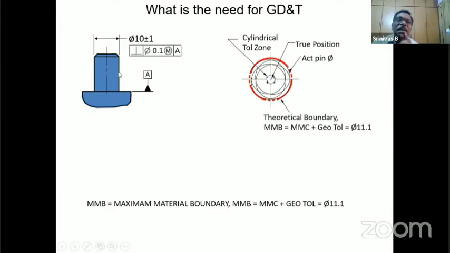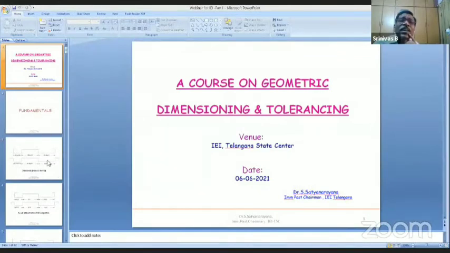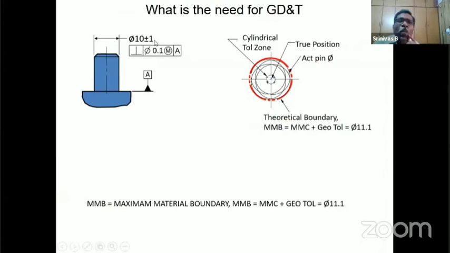The resultant condition is like this. What is LMC here? LMC is 9. And LMB is what? 9 minus 0.1, 8.9 minus its bonus tolerance. You would have to derive the bonus tolerance from the size tolerance. It would be 8.9 minus 2. 6.9 is the resultant condition. Are you able to understand, sir?